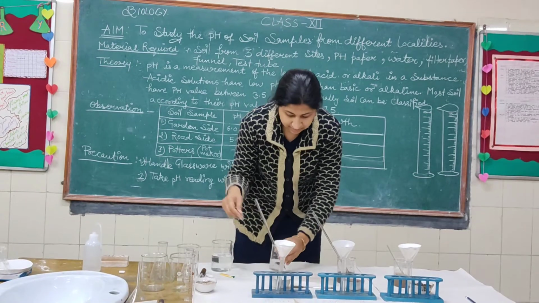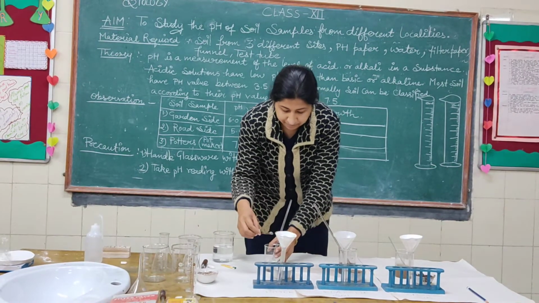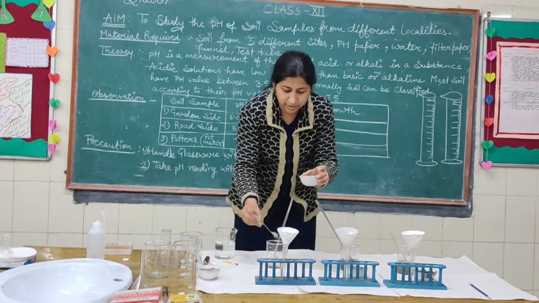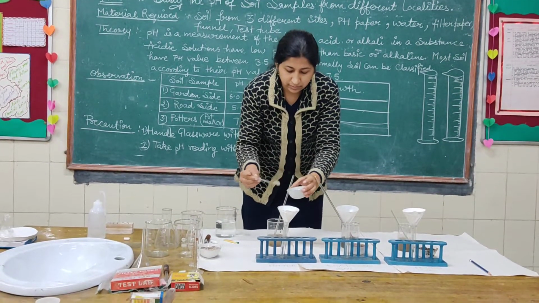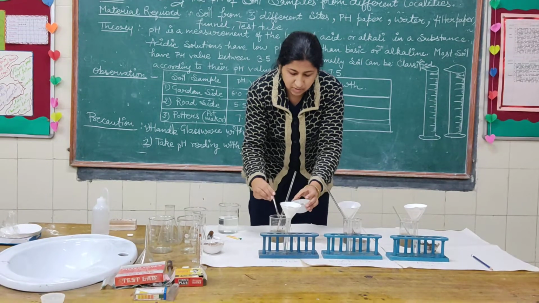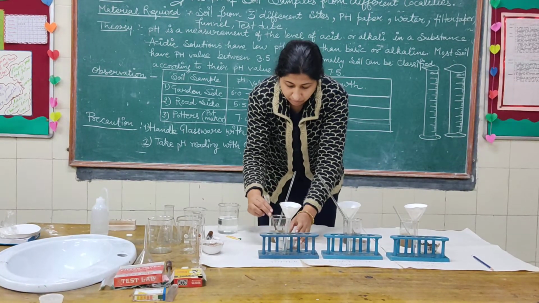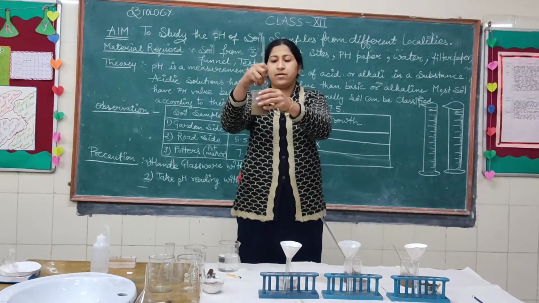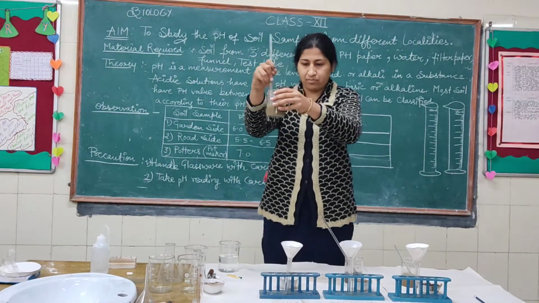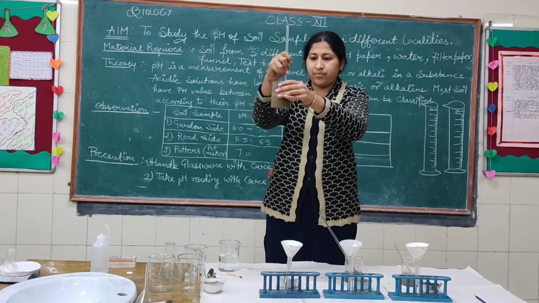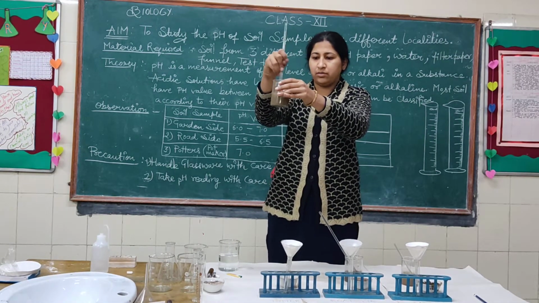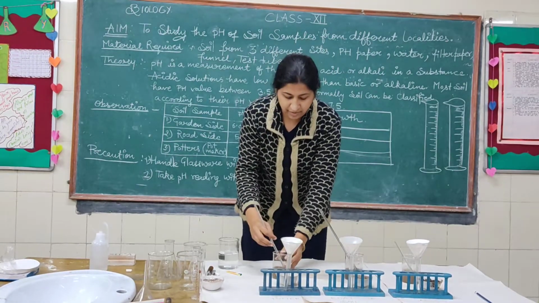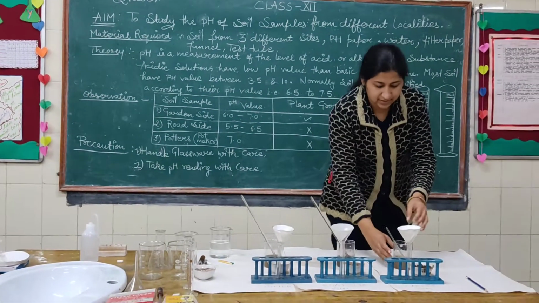Then we take this third soil, that is your potter side soil. We are mixing this soil from the potter. The third sample of soil we are taking and mixing. Then we have to filter this.